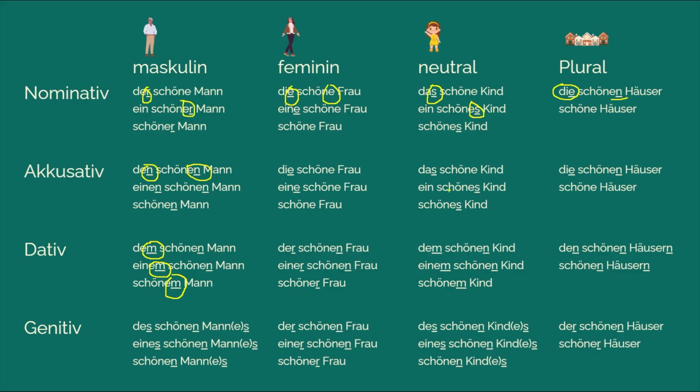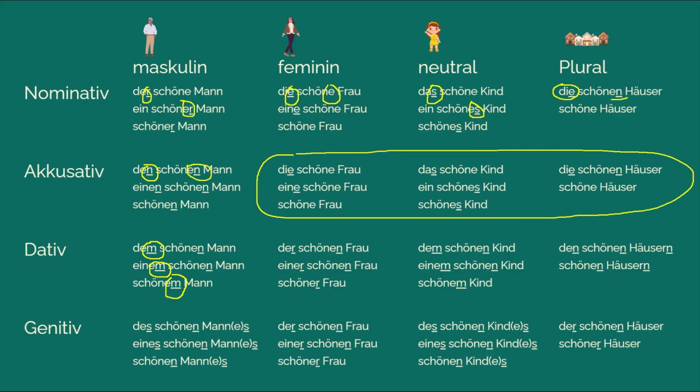The other tip was that for the accusative, all of these forms don't even change. So all of these, accusative feminine, neutral, plural, are the same as the nominative forms. And the last great tip was that for the dative adjective endings and the genitive adjective endings, you always get an N, regardless of which form you have.